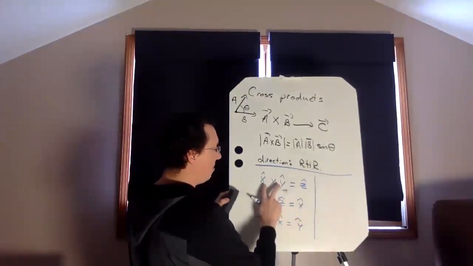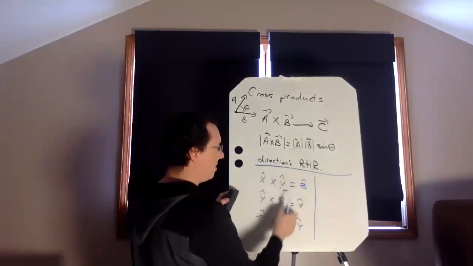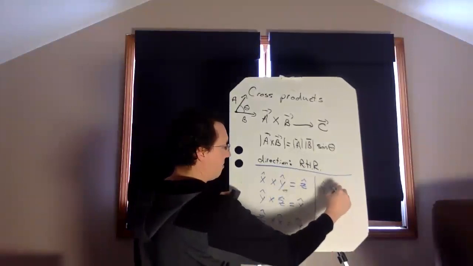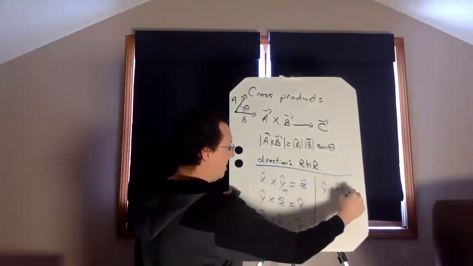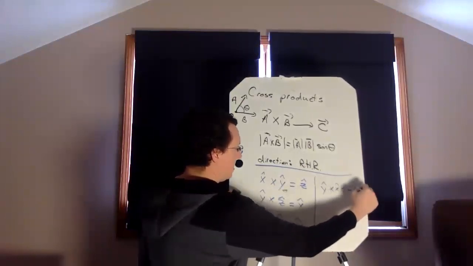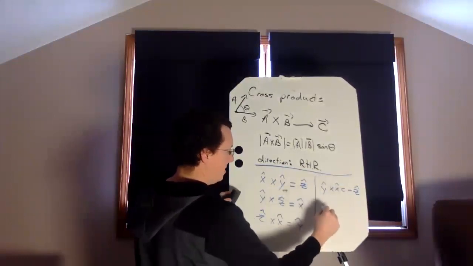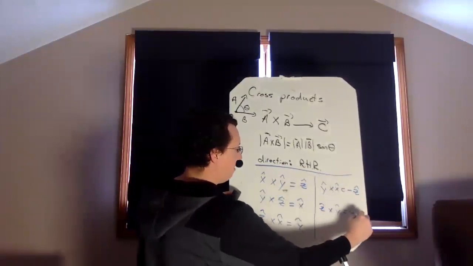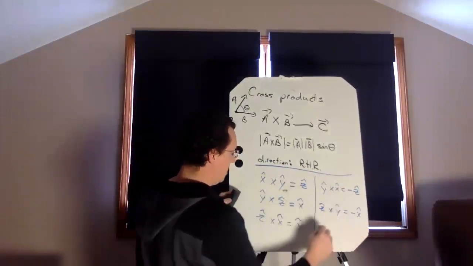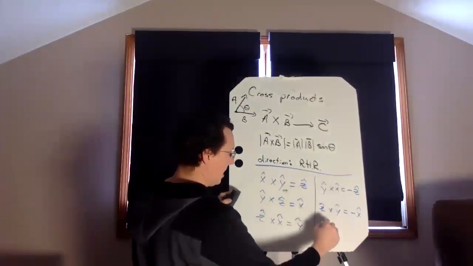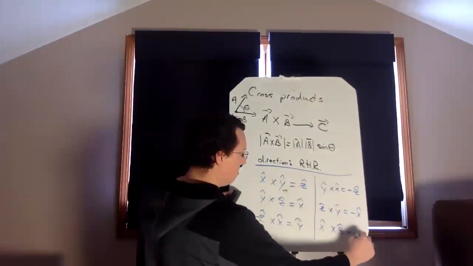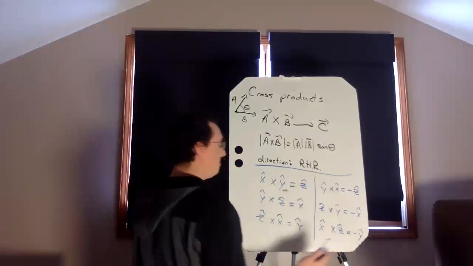Similarly, if I swap two of them, leaving the third fixed, you get a minus sign. So it's going to be y hat cross x hat equals minus z hat, z hat cross y hat equals minus x hat, and x hat cross z hat equals minus y hat.